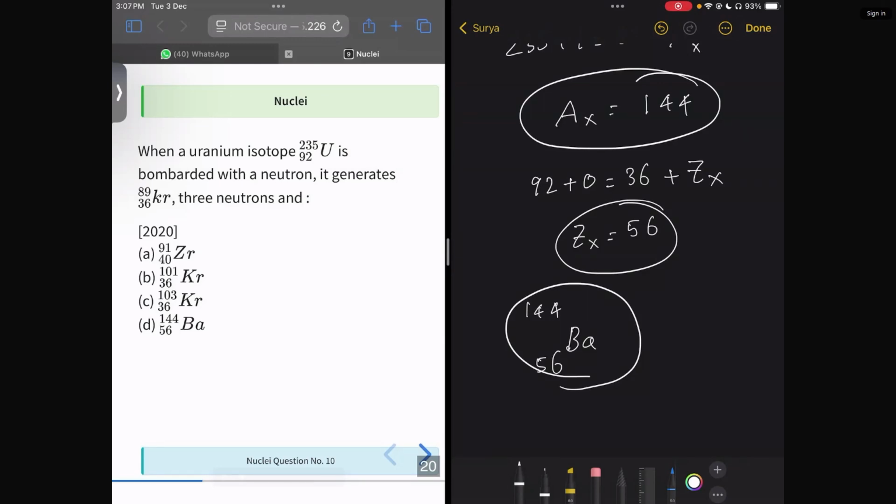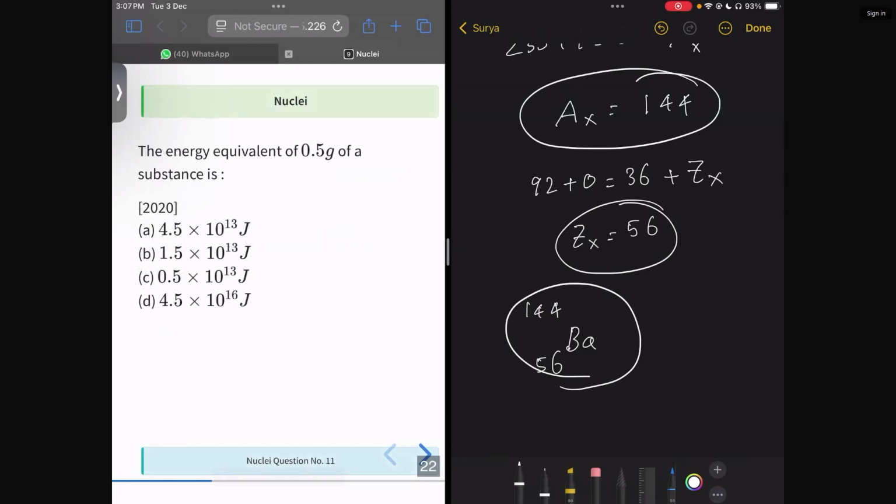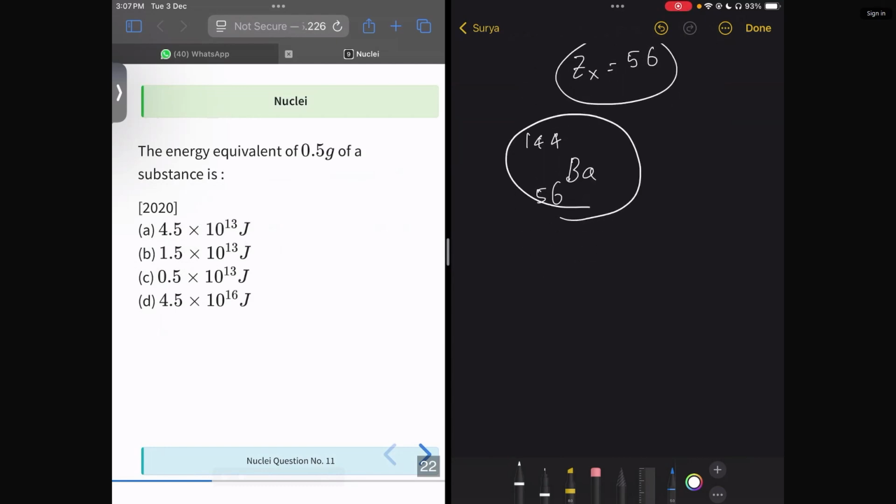Then going to the next question. The energy equivalent to 0.5 gram of a substance. From Einstein's mass-energy equivalence, we know the relation between mass and energy.